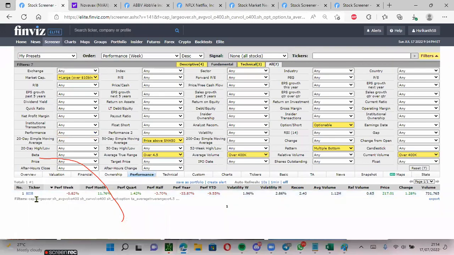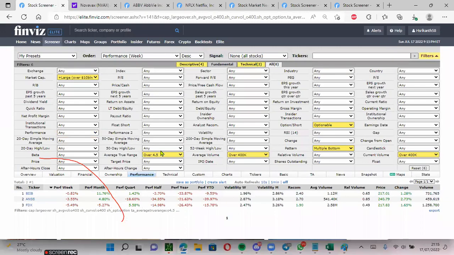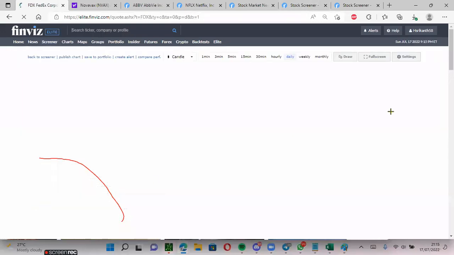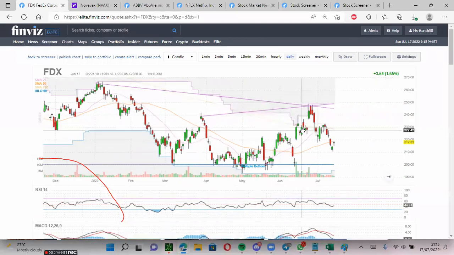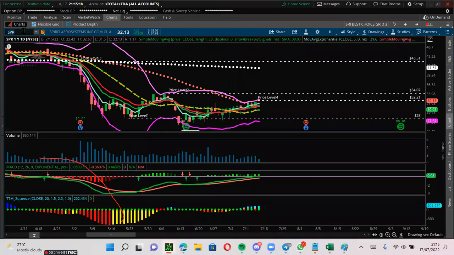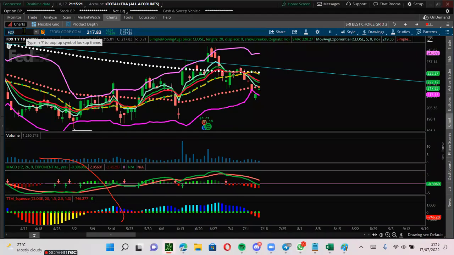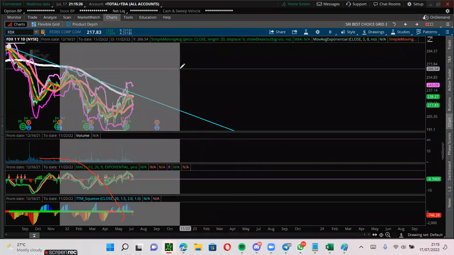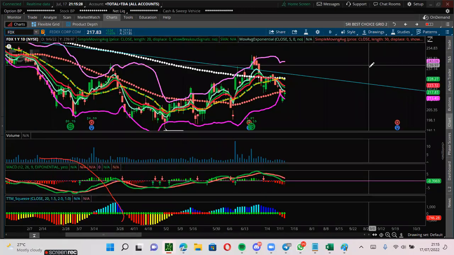Okay, see, what is this? Oh, FedEx. FedEx is a triple bottom. One, two, three. Okay, so what this means is the same thing.